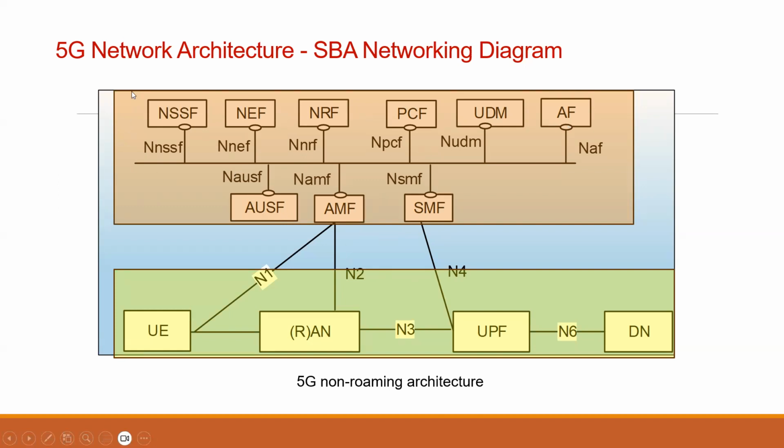The names could be easier to understand, and the names can give a little bit of idea of what the functionality of each of these network functions is. The detailed description we're going to discuss later in the lecture. In the user plane, you have your user equipment, your access network, your user plane function, and your data network, which is also called your ISP.